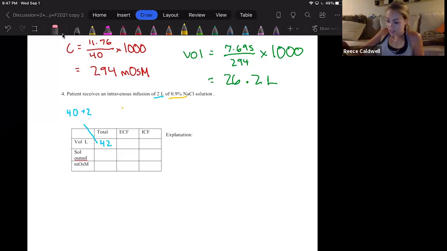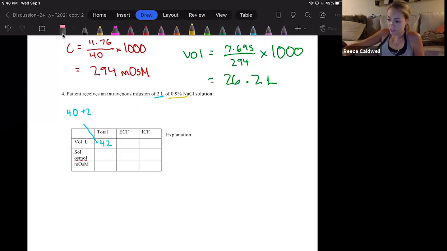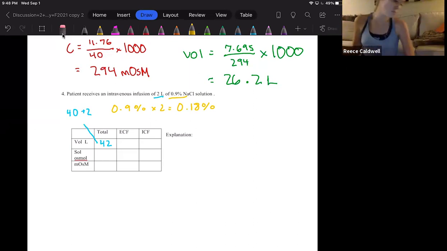So we're going to take that 9 grams of NaCl and multiply it by 2, which actually, let me do it like this so I don't confuse y'all with the dissociation factor. We'll take that 0.9%, multiply it by 2 to get 1.8%, 18 grams of NaCl.